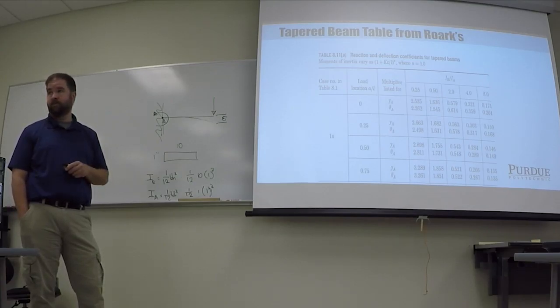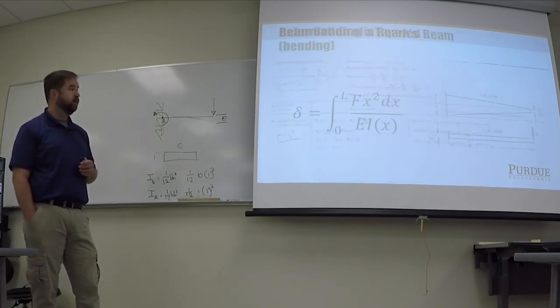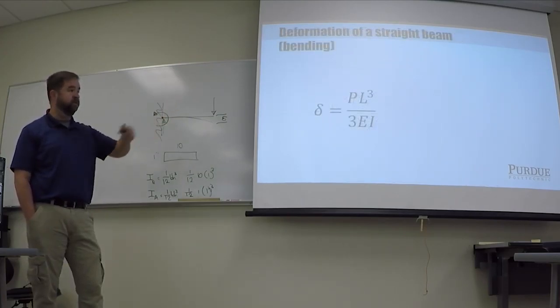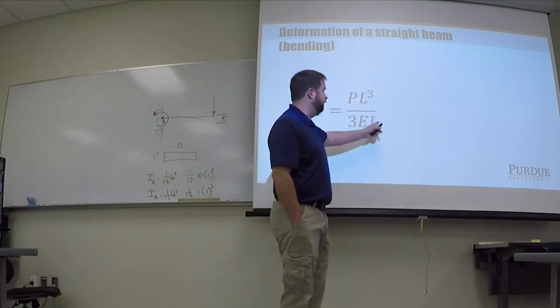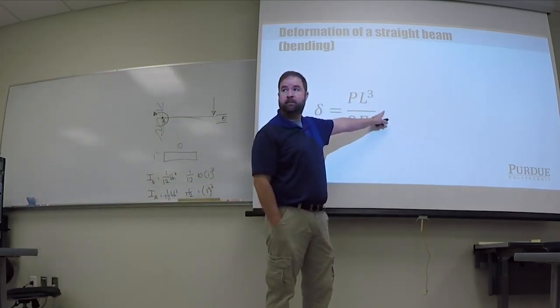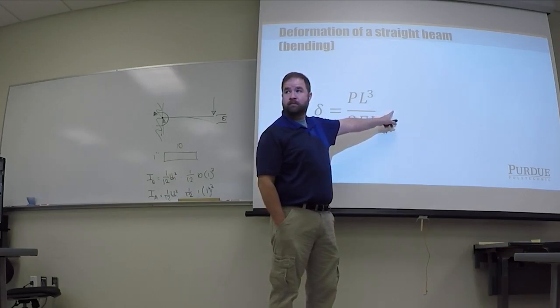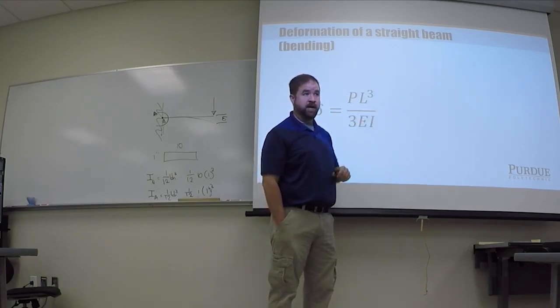Okay, does that make sense? So use the equation here, the PL cubed over 3EI, and then you multiply that by the correction factor for the tapered beam. And that gives you the actual deflection.